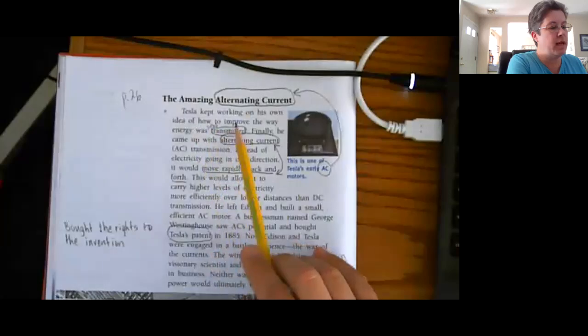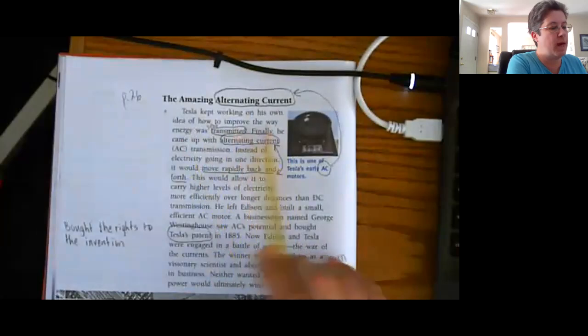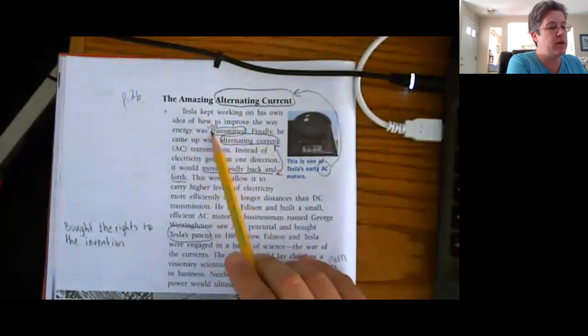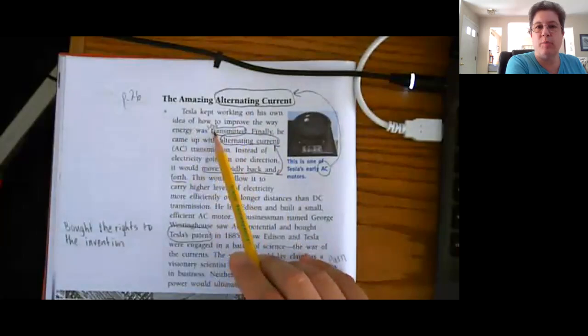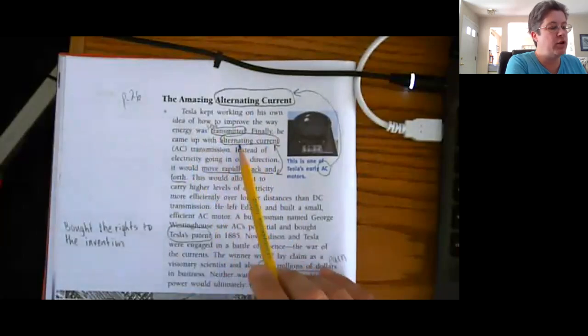Tesla kept working on his own idea of how to improve the way energy was transmitted. And transmitted is a word we read yesterday, which means how it was sent from the power station to the place where the power needed to go. Finally, he came up with alternating current, AC, transmission.